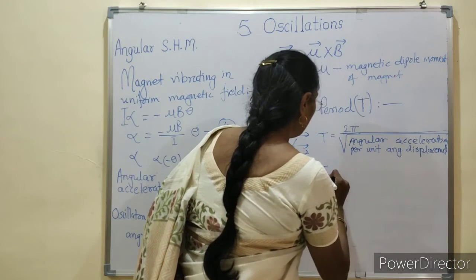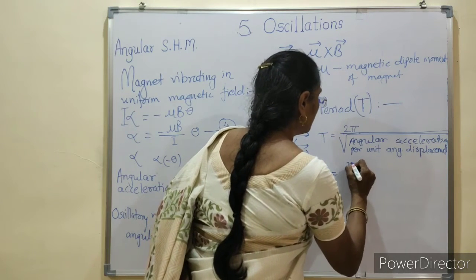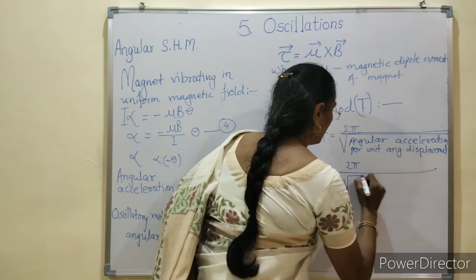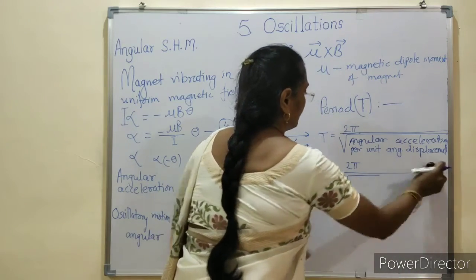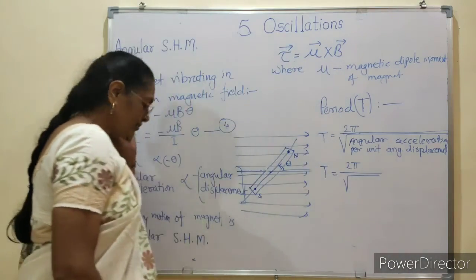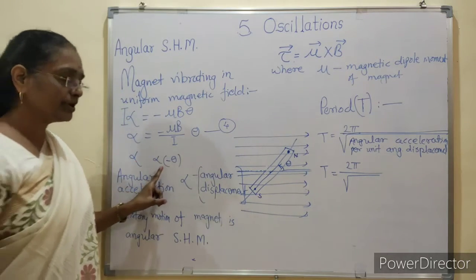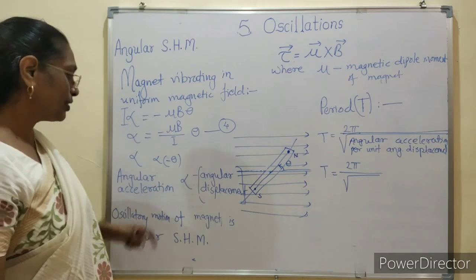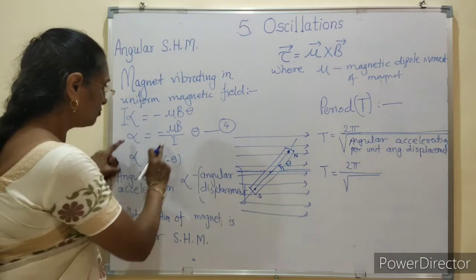So here we can substitute twice pi upon the square root. What can we have here? Angular acceleration upon angular displacement.